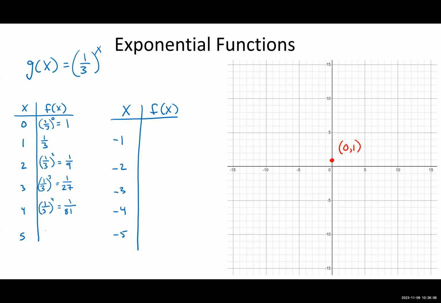And when x is 5, (1/3) to the fifth power is 1/243. We can keep going. But these are the same numbers we got on the previous slide, in the previous example with 3 to the x. Let me go back a slide.